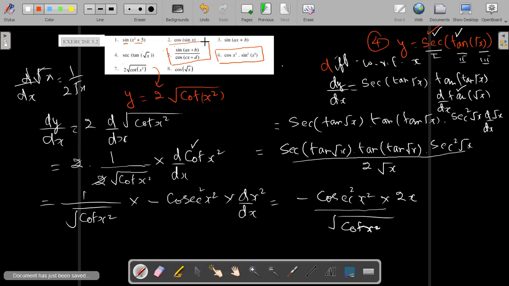So sine is outermost, sec outside here, cos outside, then root inside, root x, two functions. Here we have root cot x, three functions. Then tomorrow we will take other questions. Okay, that's all for today.